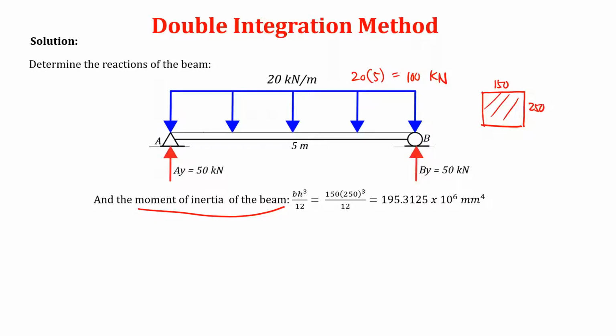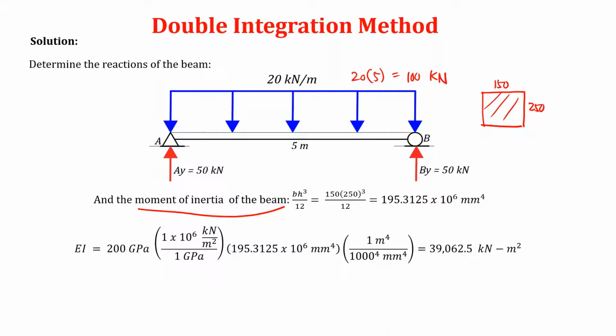So substitute, we have the moment of inertia of the beam equal to 195.3125 times 10 raised to 6 millimeters to the fourth. Okay? Now, 'di ba? Remember na kailangan nato ang EI, elasticity times inertia. Kay lagi EI y double prime is moment equation.